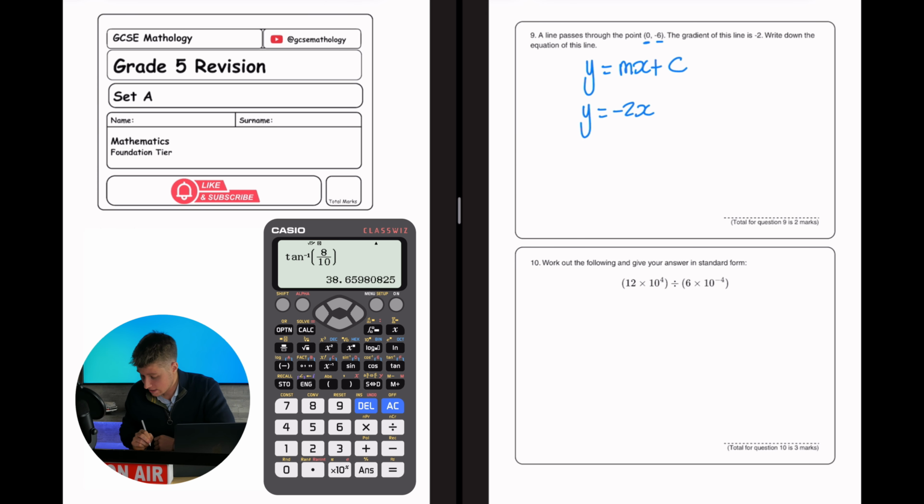So that means that the y-intercept is -6. So when the x coordinate is 0, that will be where the line crosses the y-axis. And in this equation here, c is the y-intercept, so the final answer will be y equals -2x minus 6.